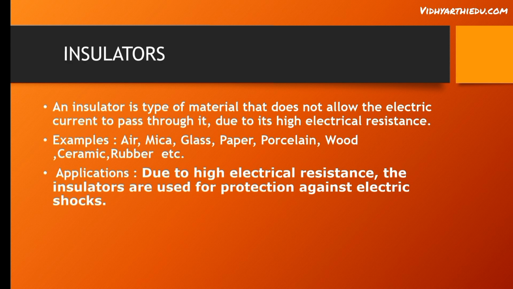Why? Because in insulators, all the charges are tightly bound. Due to this tight binding, they block the flow of electrons, and so they block the flow of electric current through it.